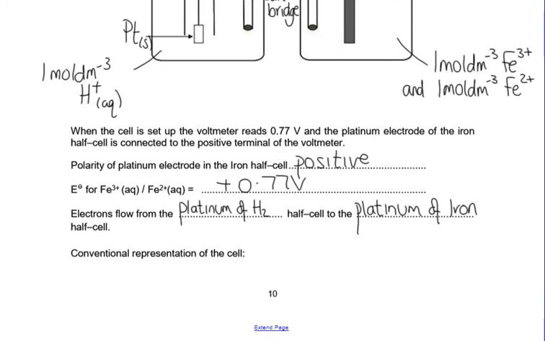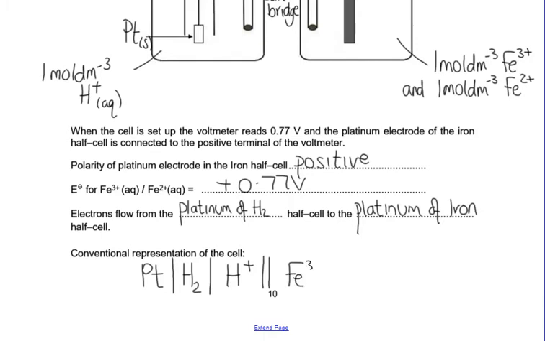How would we do our conventional representation for this one then? So remember we put the salt bridge in the middle, and the left-hand side is going to be our hydrogen one, which we have H plus and H2, phase boundary. Right. We know that we need to connect a crocodile clip at the end, so we put platinum. Then out of iron 2 and iron 3, which one's highest?